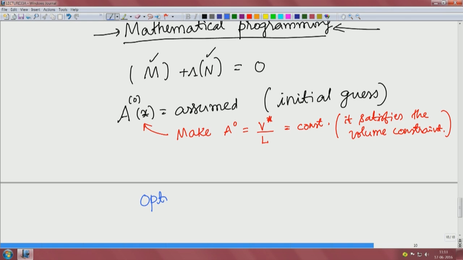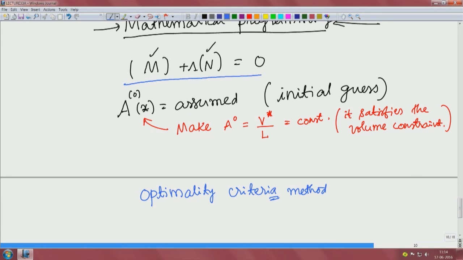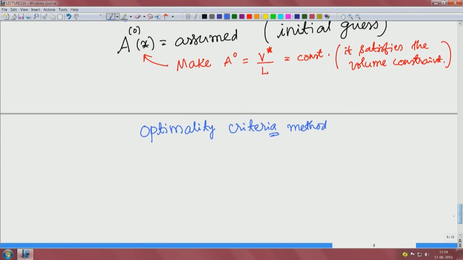We are using the optimality criterion here, that is why it is called optimality criteria method. We use plural even though we have one criterion, but remember that we had the adjoint equation and other criteria, they are all combined into this. What we do is that m plus lambda n, which should be 0, we add to get A1, the first iteration.